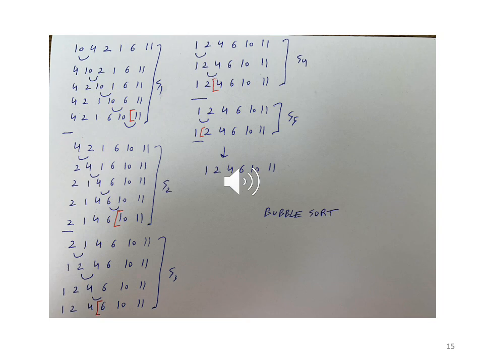Okay. So now we compare A0 and A1. 10 and 4, they are out of sequence, of course, because in the final array 4 should come before 10, right? So therefore they are out of sequence. We swap them. So swapping them, 4 takes 10's place and 10 takes 4's place.